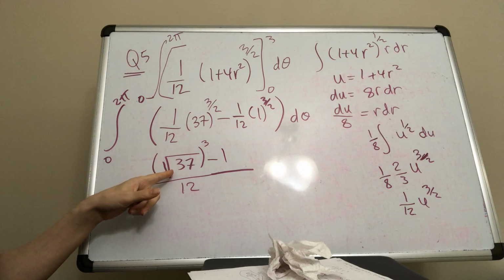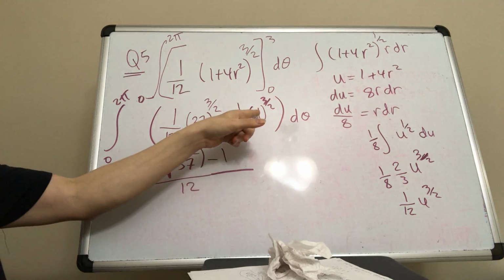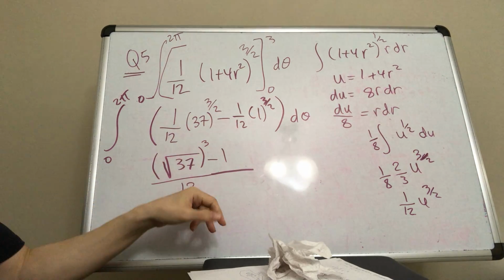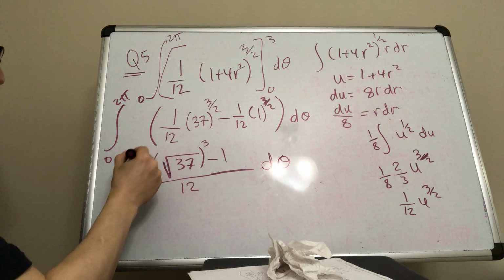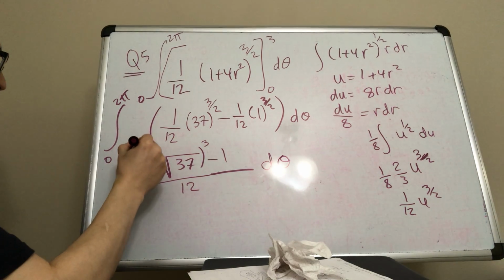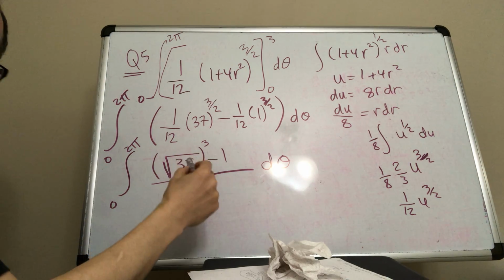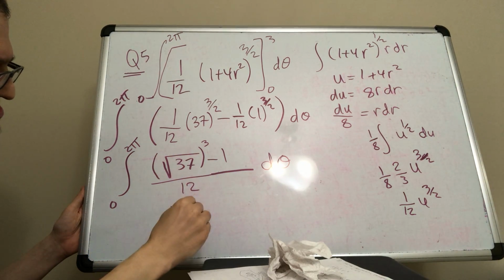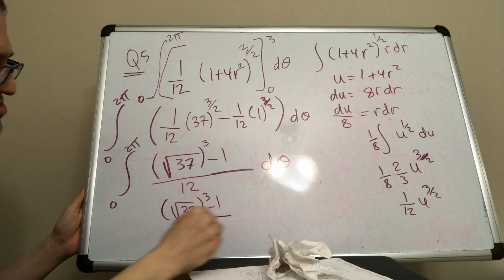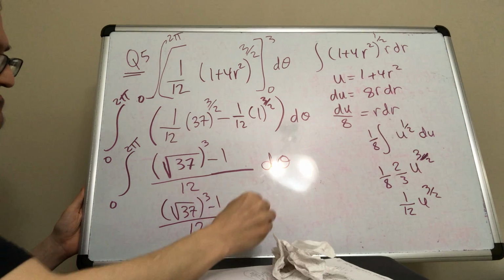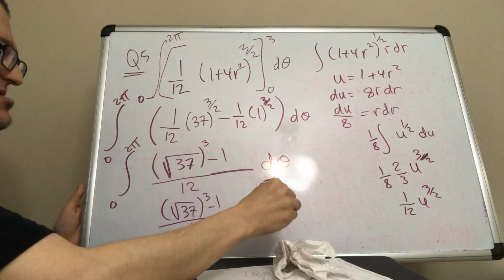So the root of 37 cubed minus 1 all over 12, and you start integrating this d theta. That's a constant, and when you integrate a constant, it would be the root of 37 cubed minus 1 over 12 times theta. You plug in 2 pi, you plug in 0.